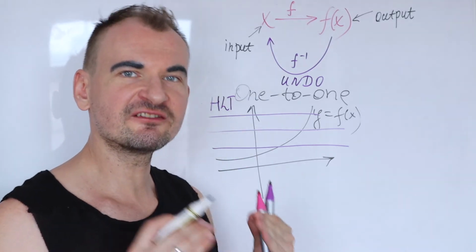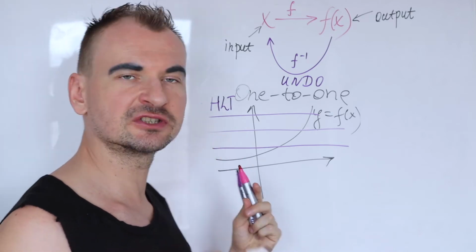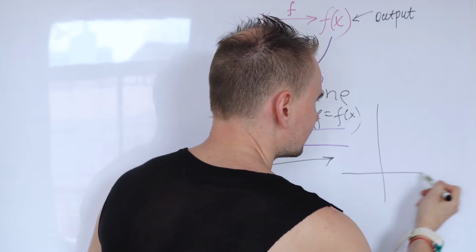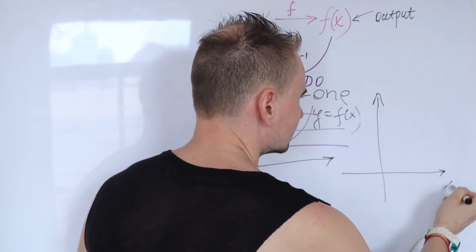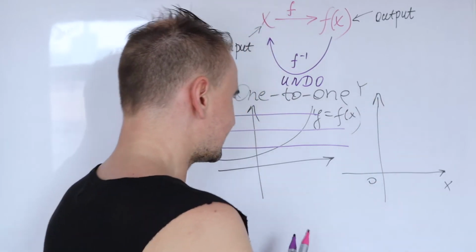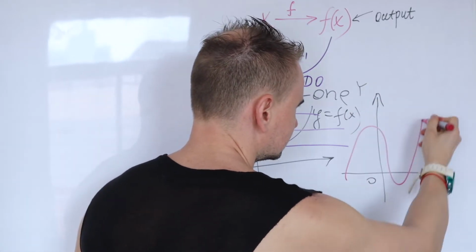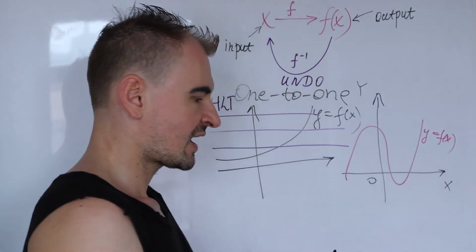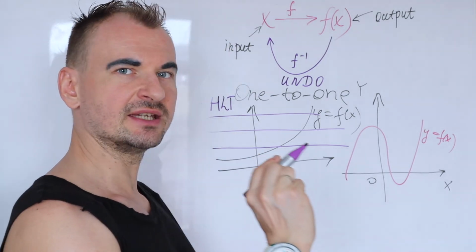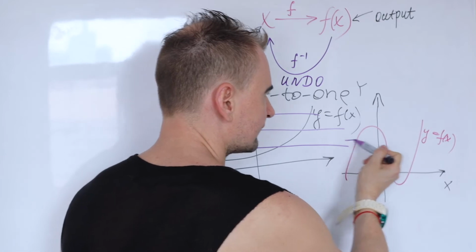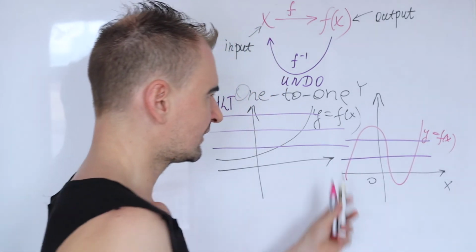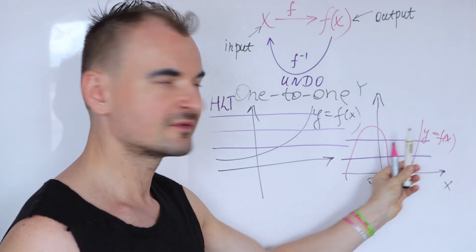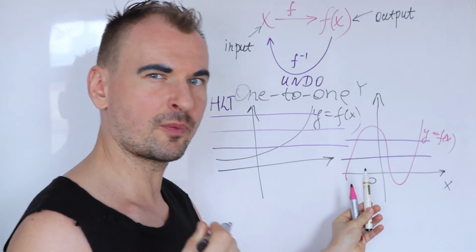Now, if your function fails the horizontal line test, for instance, the graph of that function could be something like this. This is your f of x. And any horizontal line that hits your graph intersects the curve at more than one point.